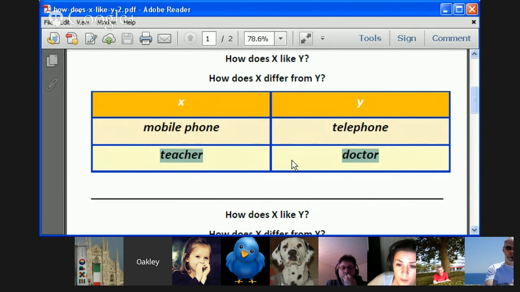They both the same because are both professions or occupations, and they both the difference because the teacher learns pupils or students how to speak, how to draw, for example, and the doctor... I forget the word.